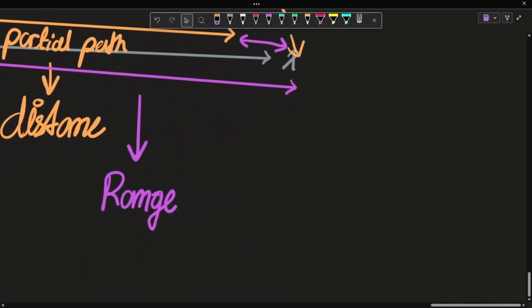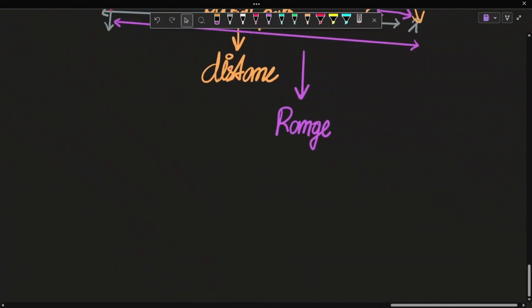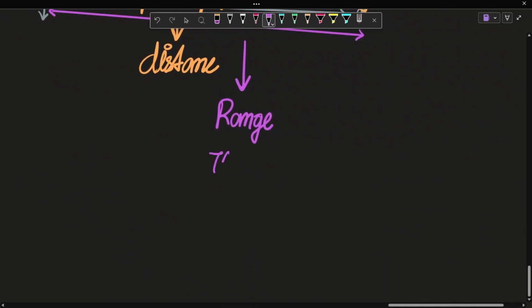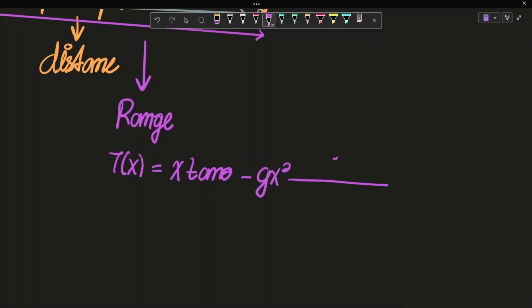And for us to actually figure that out, we can make an equation from this. So let's rewrite the trajectory equation. y as a function of x is equal to x tan theta minus g x squared times 1 over 2 u squared cos squared theta.